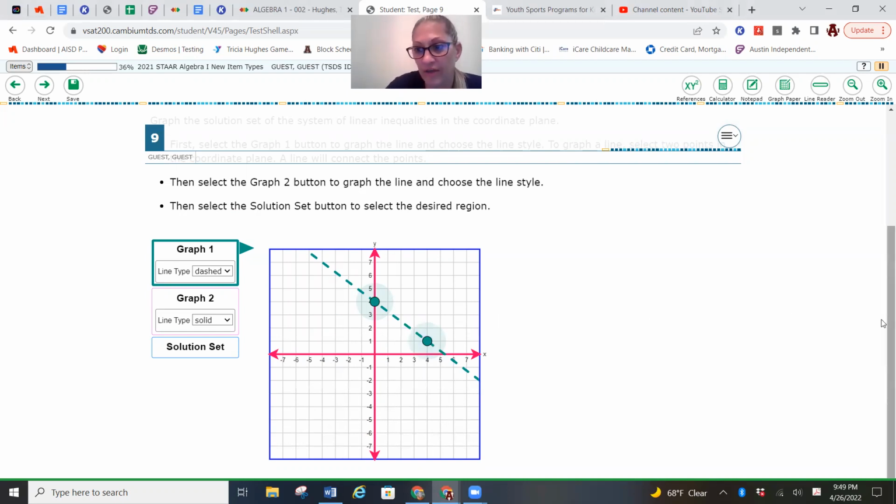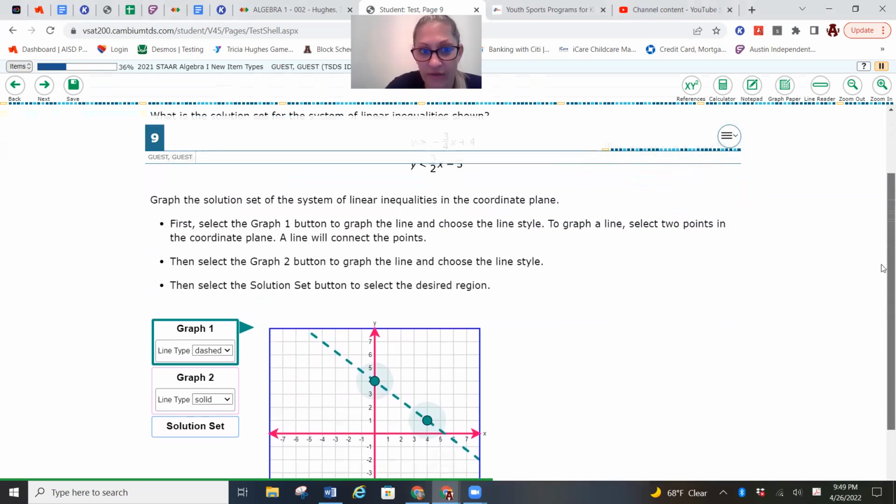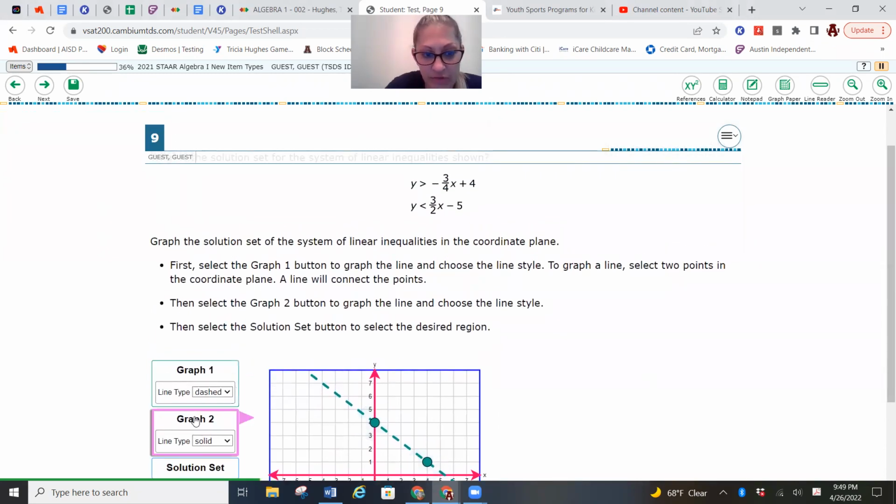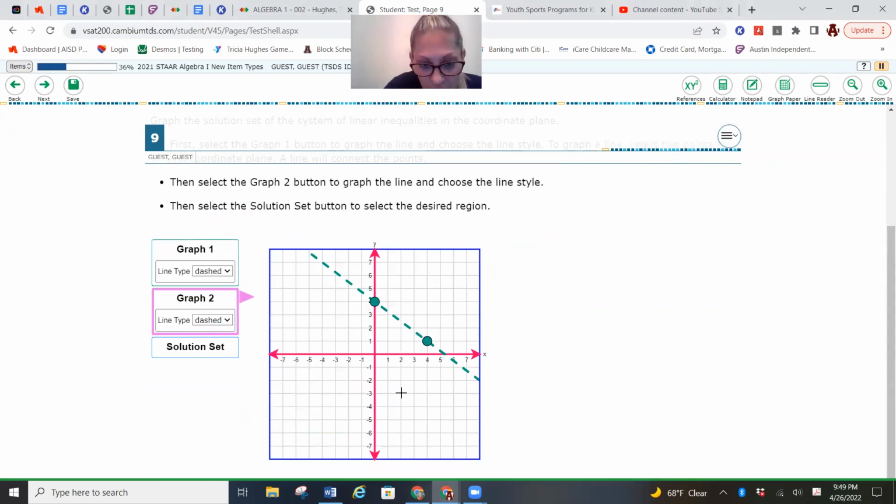Before we do anything about shading, we need to graph the other line. Now I'm going to select this graph number 2. This is a less than sign, but less than is still dashed. This time I'm going to start at -5, going up 3 over 2.